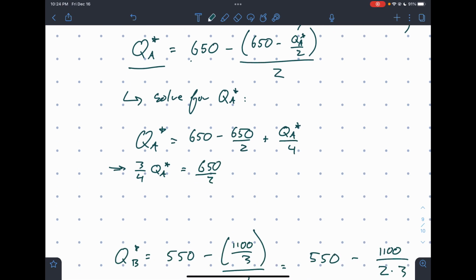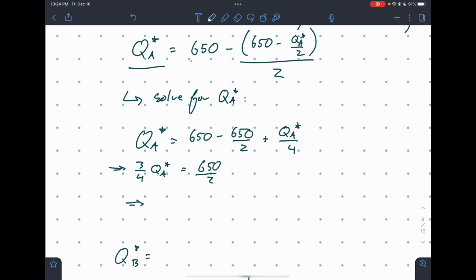And finally, I get QA star when I multiply both sides by the reciprocal of 3/4. So I multiply both sides by 4/3. I get QA star is 650 over 2 times 4 over 3. So this is just going to be 650 times 2 over 3, so it's 1300 divided by 3. And this is the quantity of firm A.